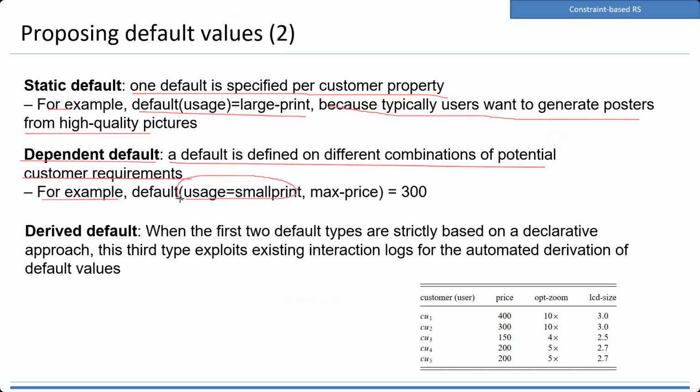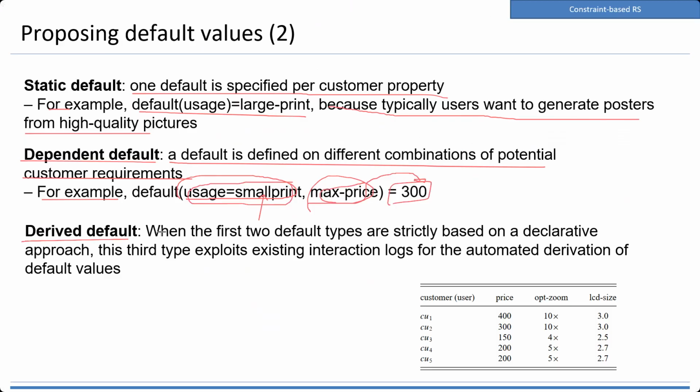The usage is small print, which means we assume that every user wants small print. And if it is small print, then the maximum price will be 300. That's the dependent default, because given this condition, the maximum price will not be more than 300.